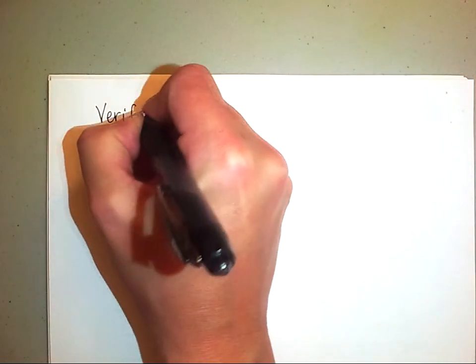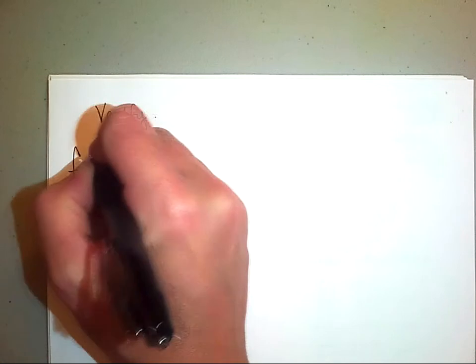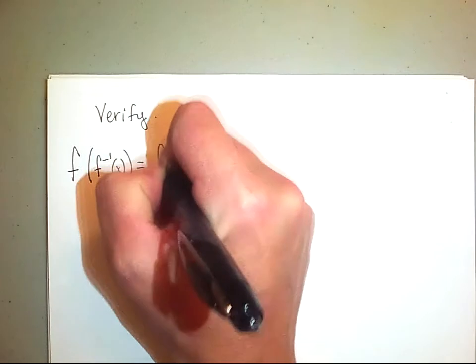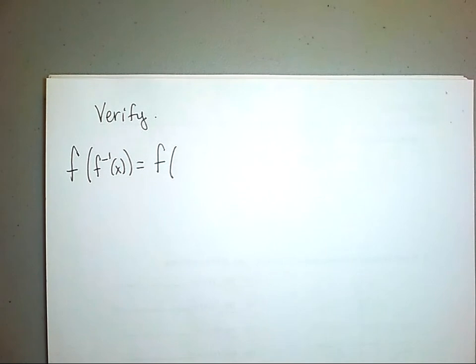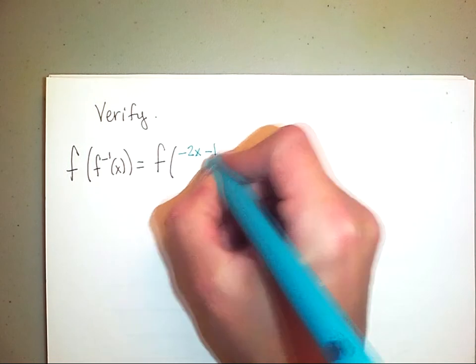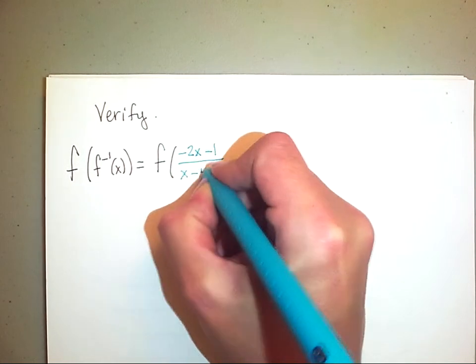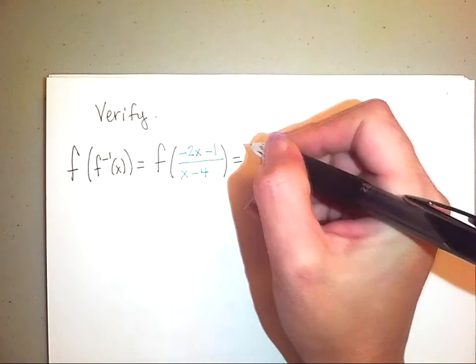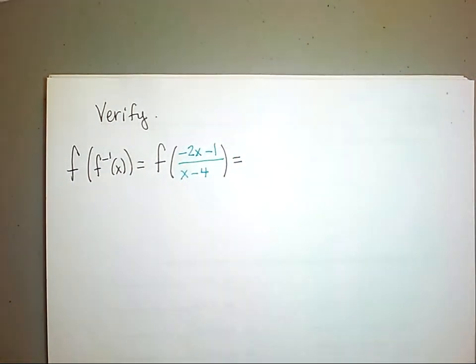So let's verify. Okay. First we need to take f, and into it we're going to put f inverse of x. So that means into f we're going to put this rational function here. What did we say f inverse was? F inverse was negative 2x minus 1 over x minus 4. And now we have to put that into f.